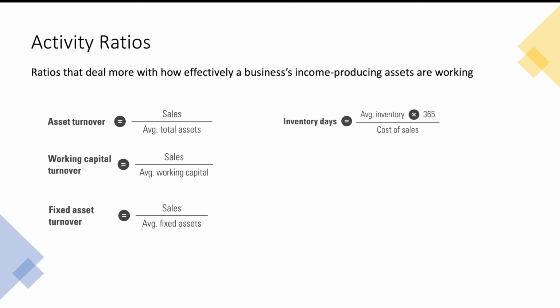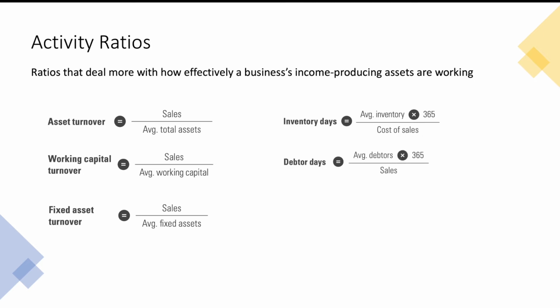Now come to the inventory days. In the inventory days, what we're doing is average inventory multiplied by 365, and just consider 365 as a constant for your calculations, divided by the cost of sales. Inventory days should be assessed in the context of seasonality, supply arrangements, consignment stock, or JIT, just in time.